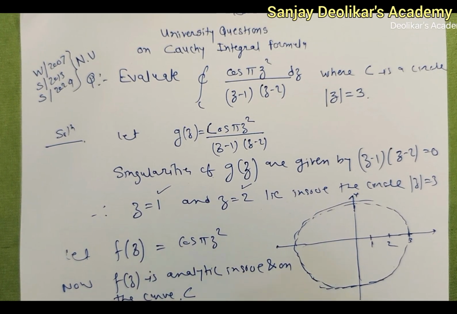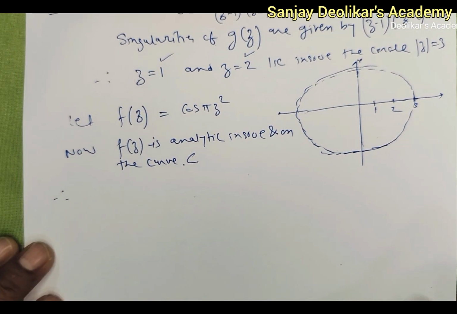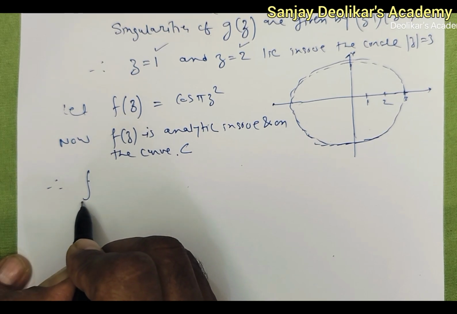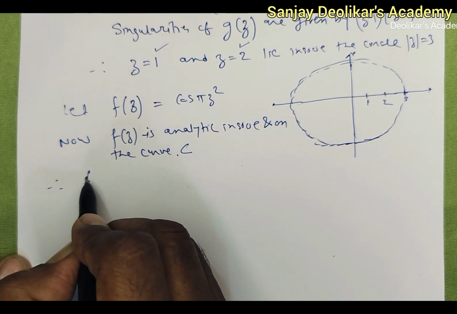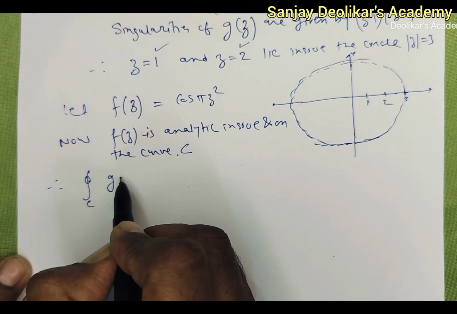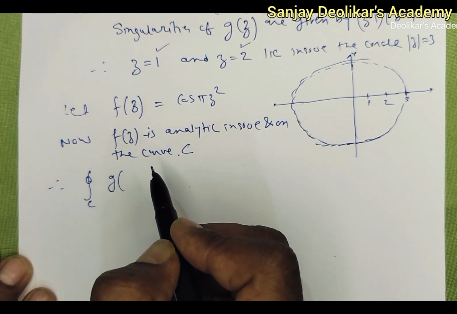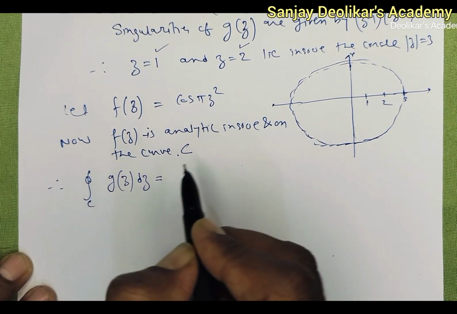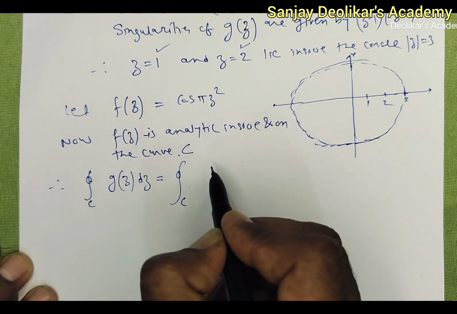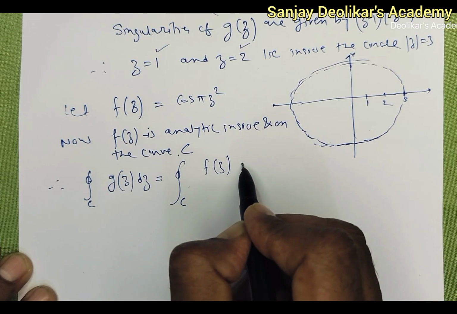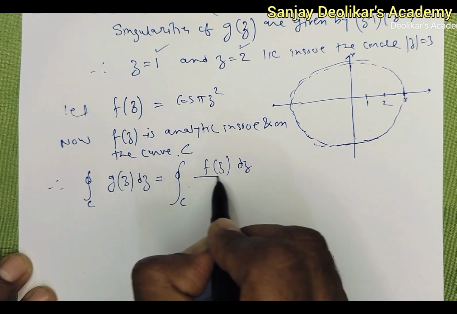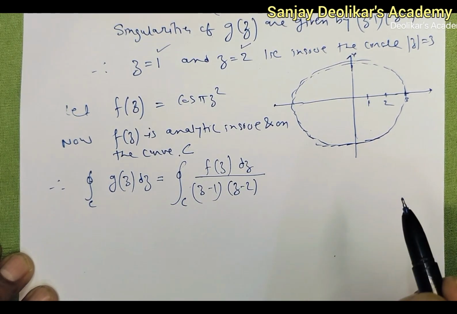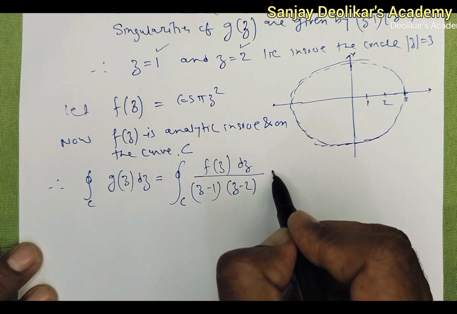So therefore, integration of g of z dz is equal to integration of f of z upon z minus 1 z minus 2 dz.